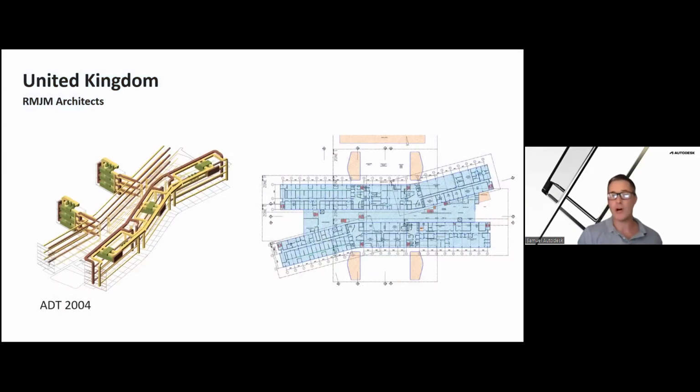Now, before Revit had become mainstream, we used what was called Autodesk Architectural Desktop, ADT, which is now called Autodesk Architecture. And the key benefit of moving from 2D to 3D, working with the mechanical engineers, allowed us to actually look at the configuration of the services for the design and make better informed decisions on the design aesthetics.